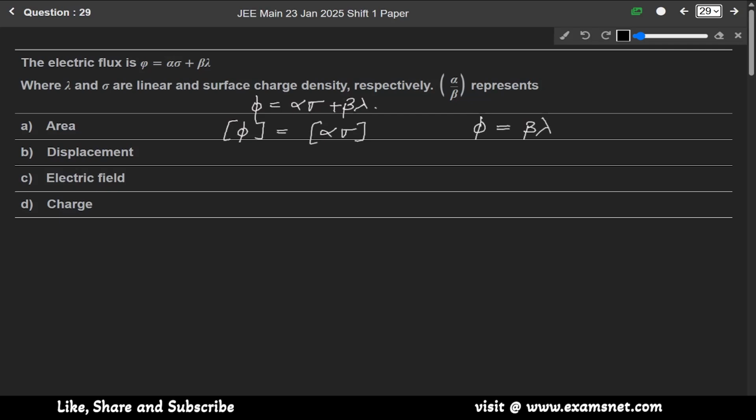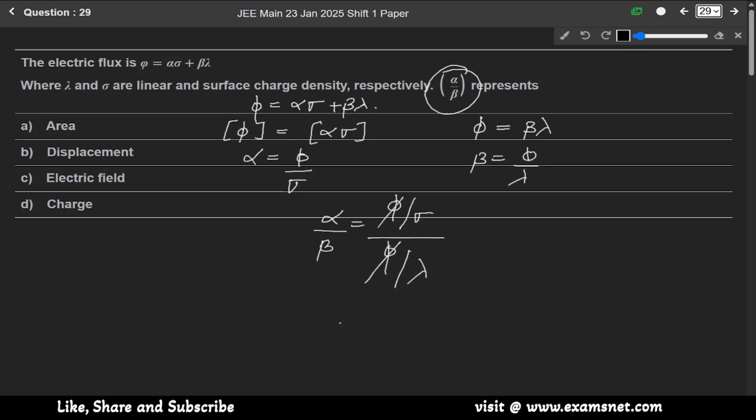Okay, so from here we can write alpha equals to flux over sigma, and beta equals to flux over lambda. So we have to find the ratio of alpha over beta. So alpha over beta is equals to phi over sigma over phi over lambda. So phi cancels out.